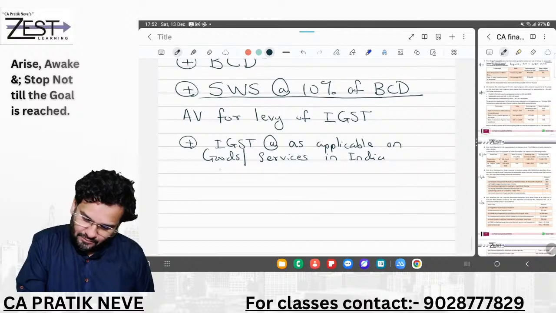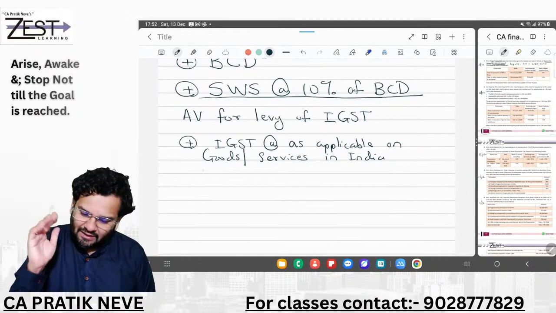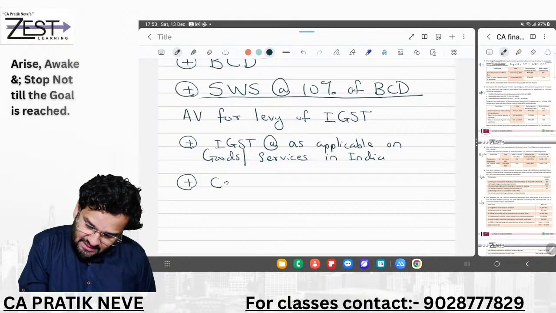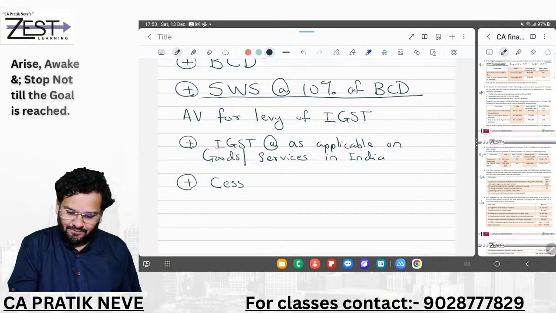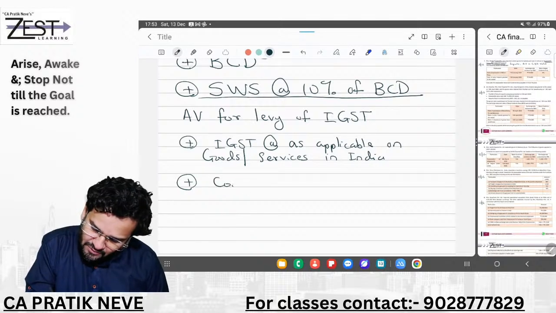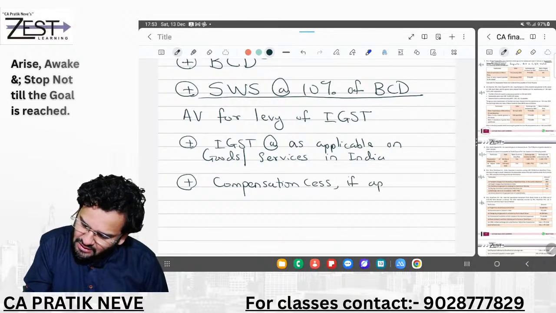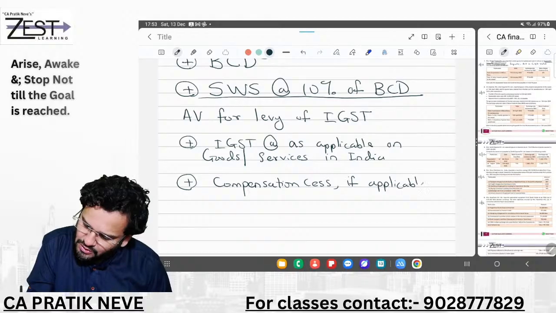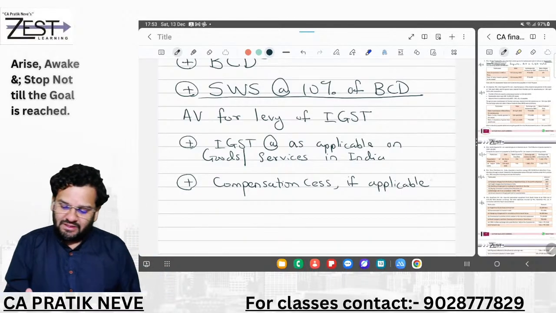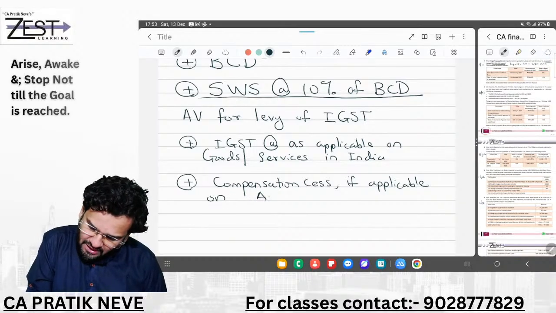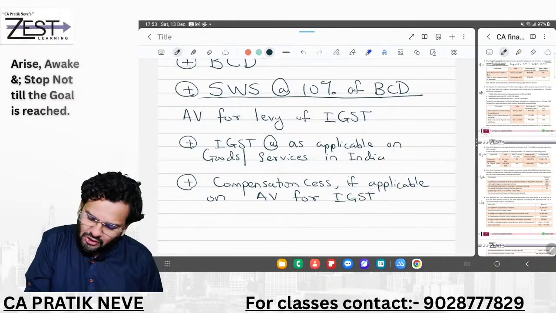So you will add that IGST, and you will also add cess, that is compensation cess. So let me write in detail. You will also add compensation cess if applicable. Of course, it is applicable only in very few situations. So it will be compensation cess if applicable on AV for IGST. On that only you will add.